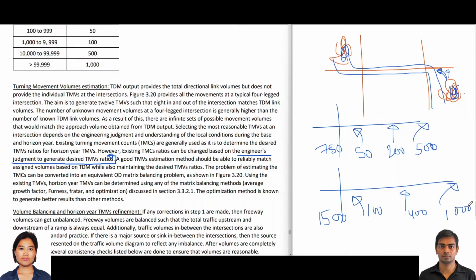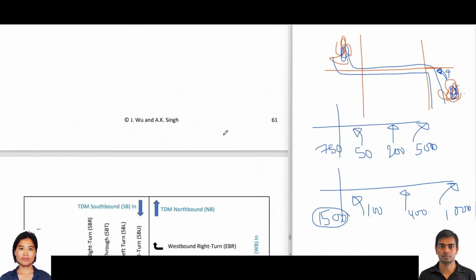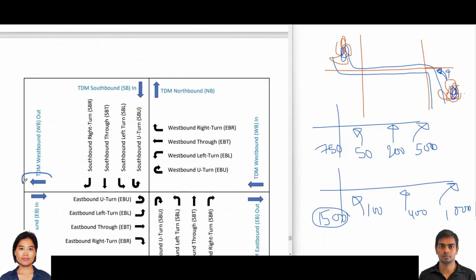However, from my intuition, or call it engineering judgment or select link analysis or trip pattern, I kind of know that this bump in traffic is more allocated towards this left turn, which will also be reflected in this trip going out. So the number of trips going out will increase, which will help us to bump this number.